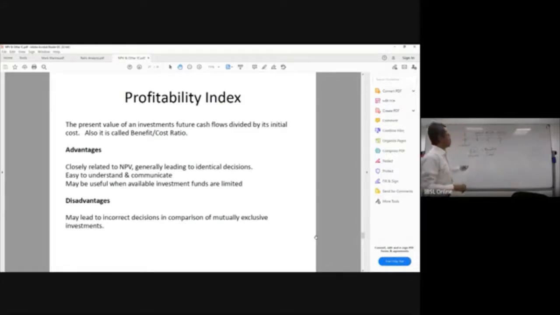So it is useful. We say we have 1 billion investment funds and we have projects with total cost about 2 billion. So when you have to select only projects up to 1 billion, you do the NPV and then calculate the profitability index, and select those having higher ratio.